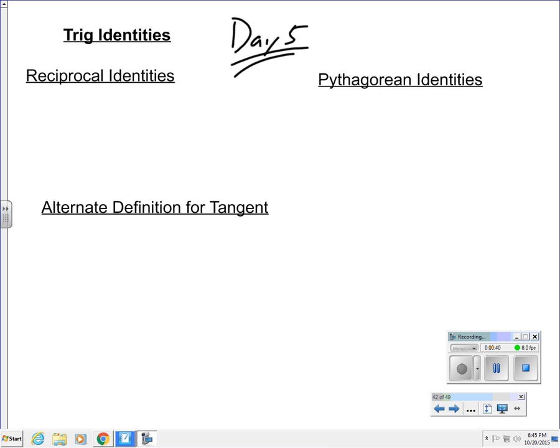So the first ones are called reciprocal identities, and these are three alternate trig functions that are reciprocals of our three basic trig functions. First one, 1 over sine, is called cosecant. One over cosine, that's the reciprocal of cosine, is called secant.